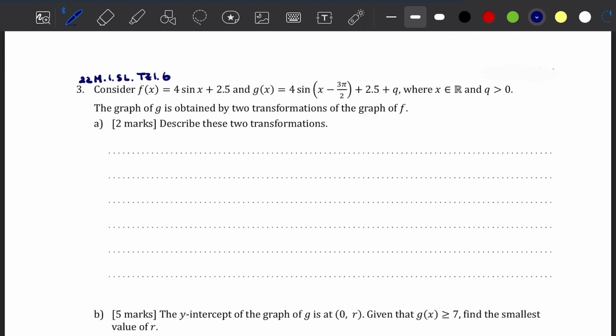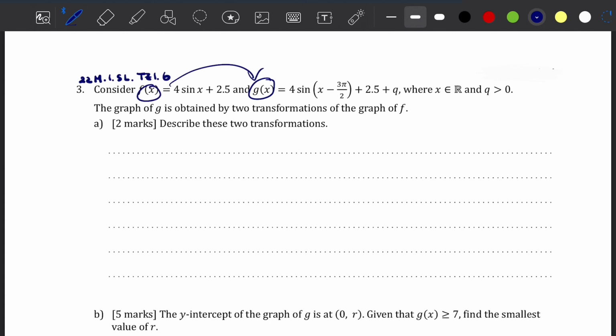The graph of g is obtained by two transformations of the graph of f. In question a, we need to describe these two transformations. So we need to describe how the function g of x has been transformed from the function f of x, right?